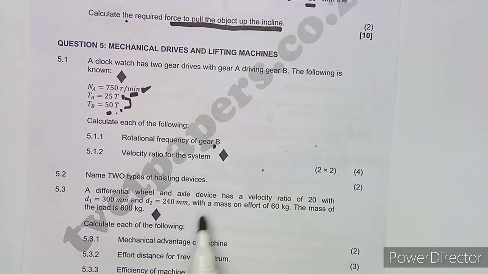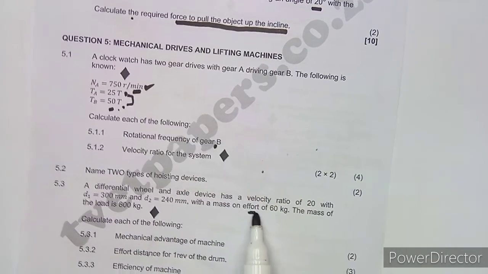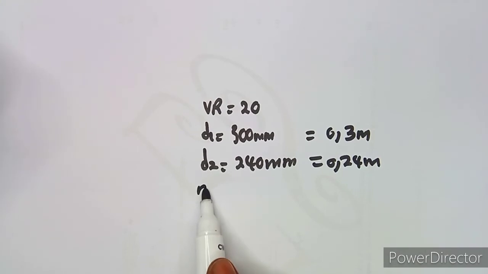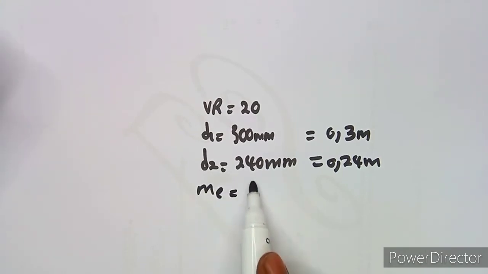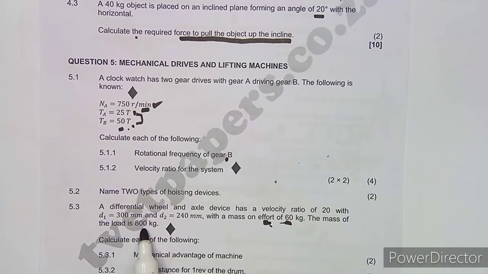Take note here guys, this is with a mass on effort of 60 kgs. So let's write it like this: mass on effort 60 kgs. Then the mass of the load is 800 kgs.